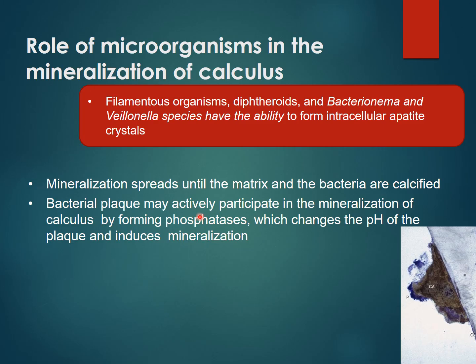They may actively participate in the mineralization of calculus by forming phosphatases, which change the pH of the plaque and induce mineralization. So these are the main organisms associated with the mineralization of calculus, and by the formation of phosphatases, this enzyme leads to the precipitation of minerals.